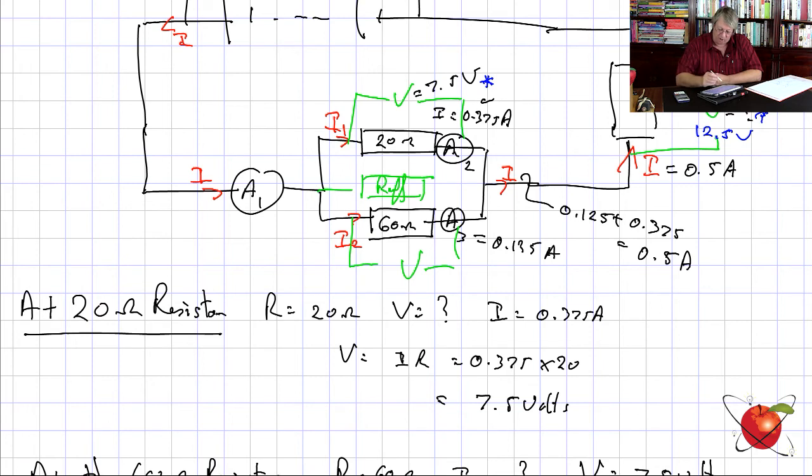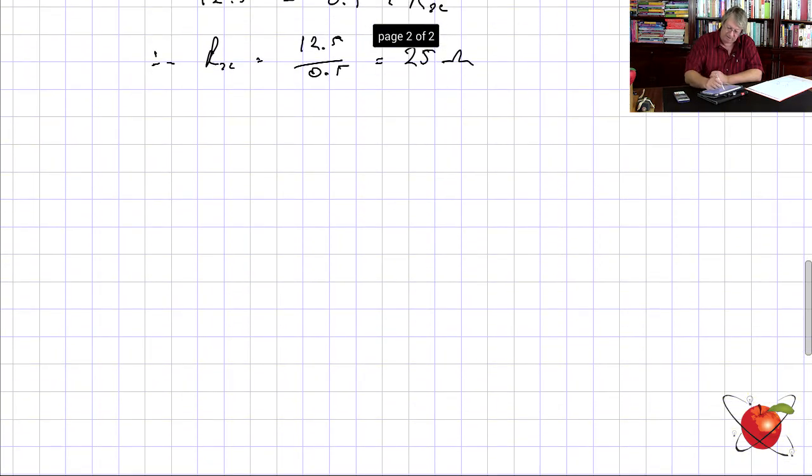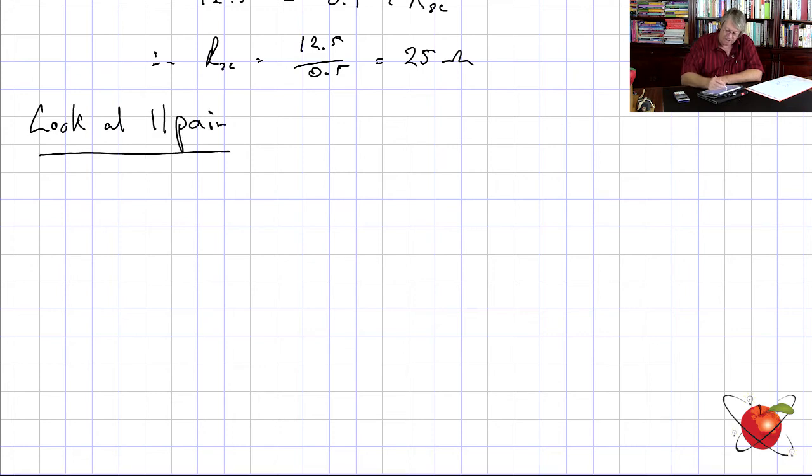It's in parallel, so 1 over R effective is 1 over R1 plus 1 over R2.